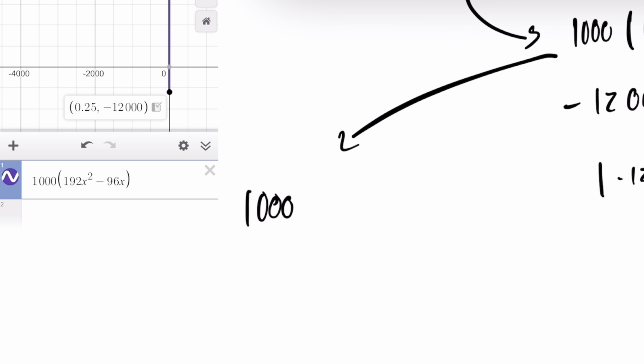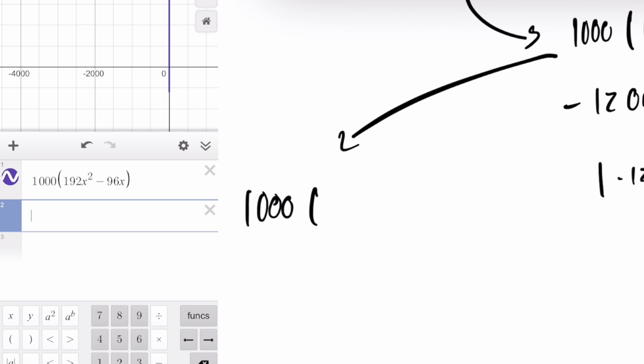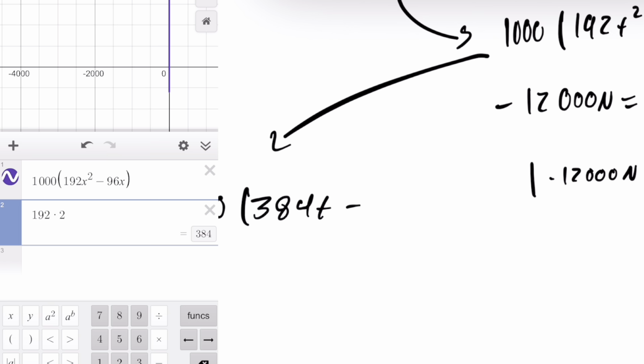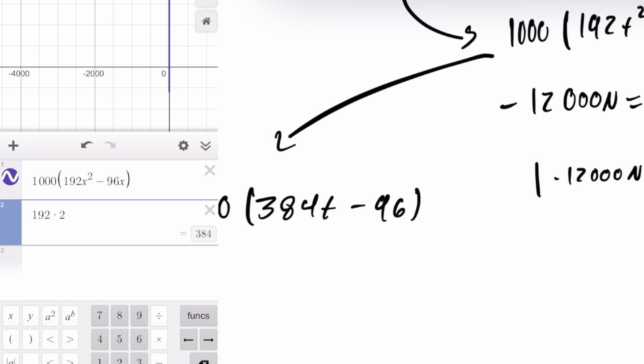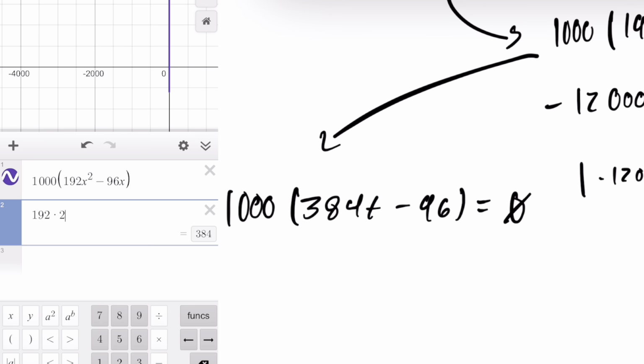It's going to be 1,000 times, what's 192 multiplied by 2? That's 384t minus 96, and that's the derivative. When you use the derivative to find the maximum, you take the derivative of the function and set it equal to 0 to find a critical point.